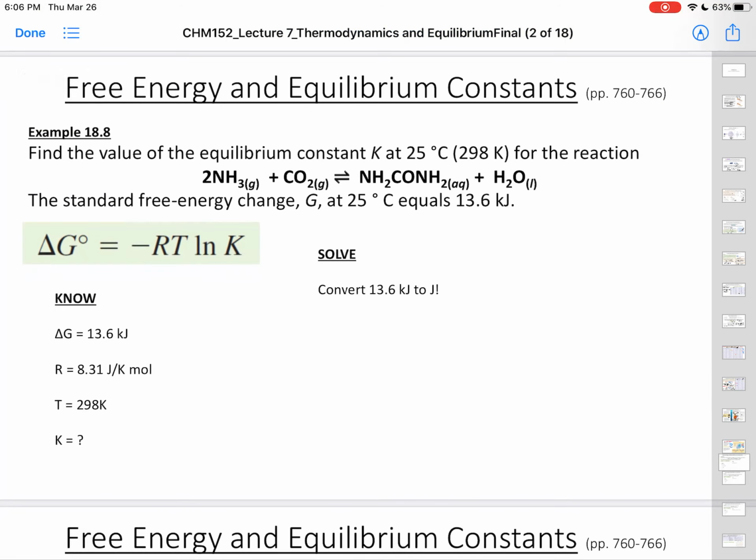Let's look at how we would use this equation to calculate delta G. So, example 18.8 from your book.